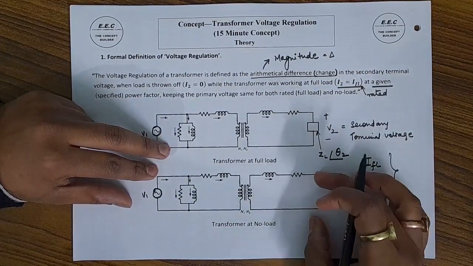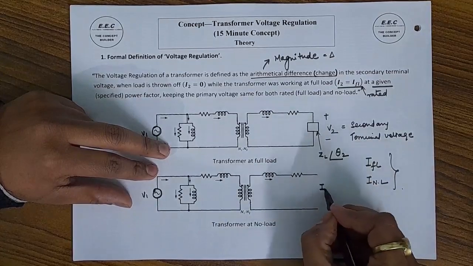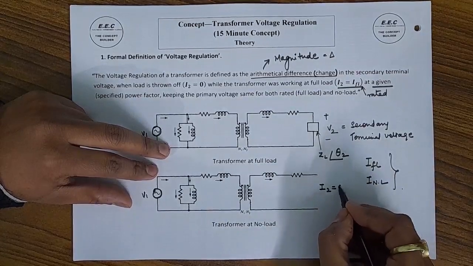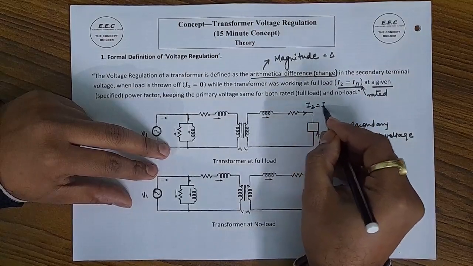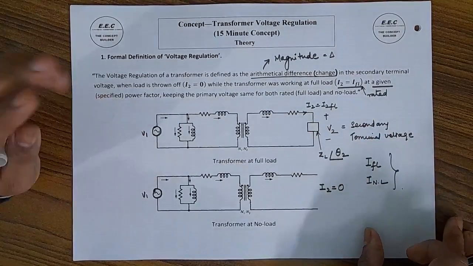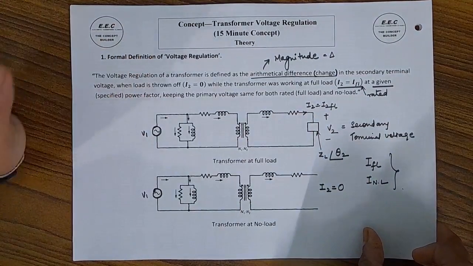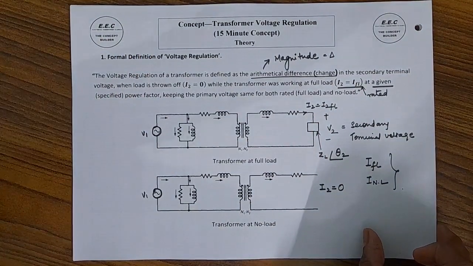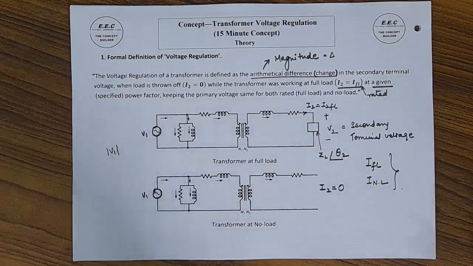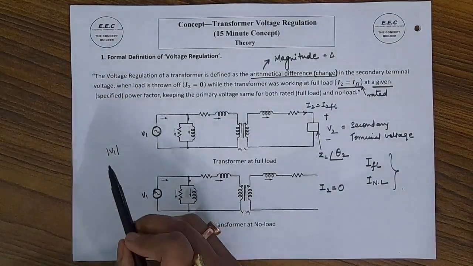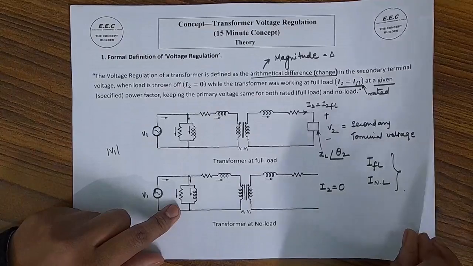Now due to no load condition, this is going to be represented as I2 is equal to 0, and in the other case the secondary current which is flowing is going to be I2 full load. So this was the formal definition of voltage regulation. The most important condition we have to remember is that the magnitude of the primary voltage is going to remain the same.